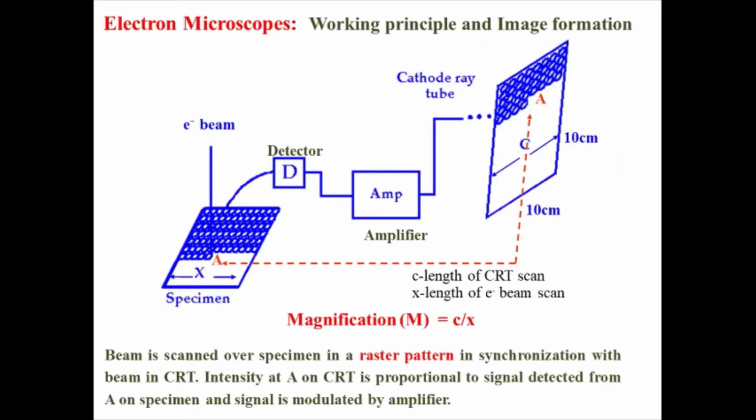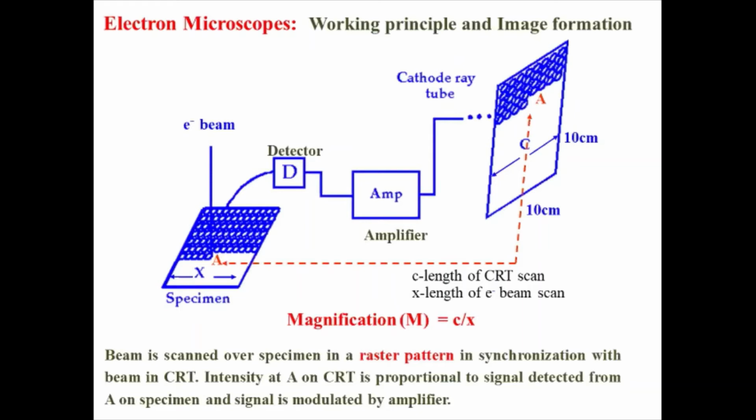When it hits the sample, it will lead to various interactions. Either it will generate backscattered electrons, or secondaries, or X-rays will be produced. Then for a short duration of time, the interaction of interest is detected. Then the beam moves to the next point, dwells there for a certain time, the desired interaction is again detected by the detector, and then the beam moves to the next point.